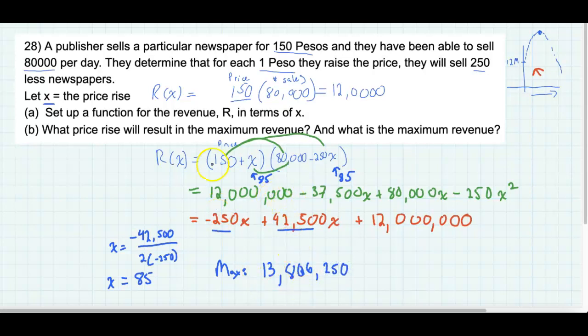You're going to need a calculator for that one. That's a tough one to do. Did we answer the question there? We have the maximum revenue here. This is in pesos. And then we have the price rise right here.